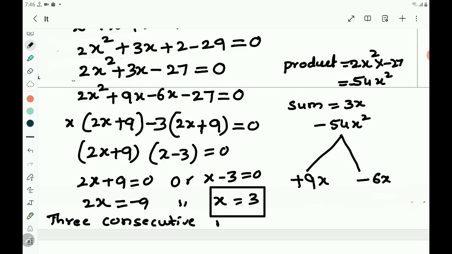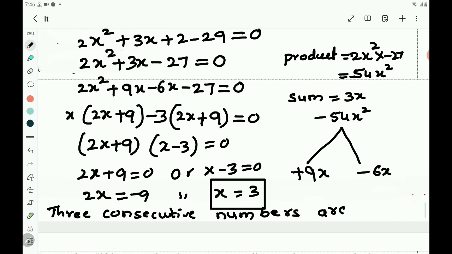Consecutive numbers are x means 3, x plus 1 means 3 plus 1, 4, x plus 2 means 3 plus 2, 5. The 3 numbers are 3, 4, 5. Here you can observe 3 square is 9 and product of 4 and 5 is 20. The sum of these two you are going to get is 29.